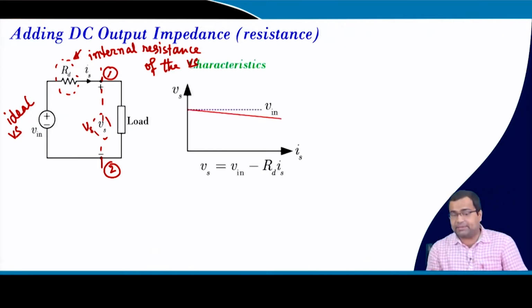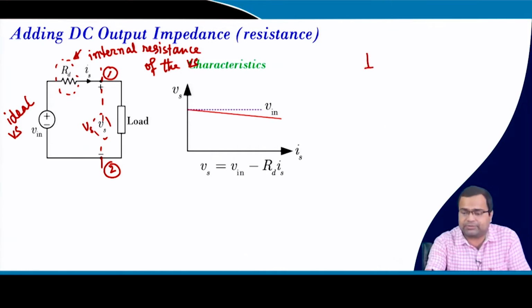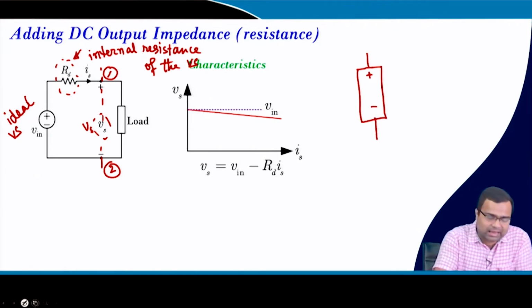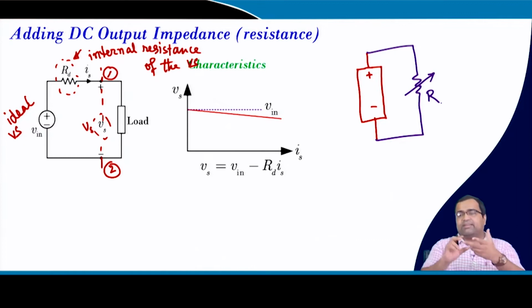In this case, if we draw the current and voltage characteristic of the practical voltage source, what we will find is, suppose you take a battery, and you can try this out, you connect a variable resistance like a pot across the battery's positive and negative terminals, and you decrease the value of the resistance, you will find the battery voltage is decreasing.